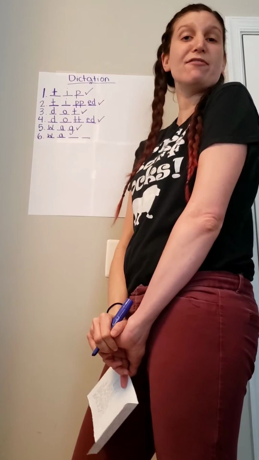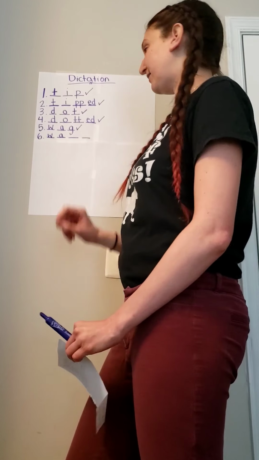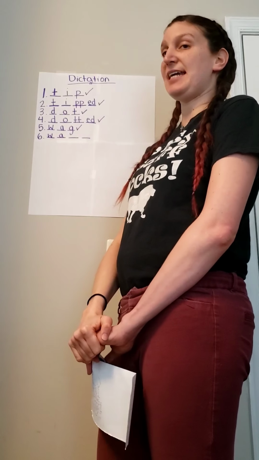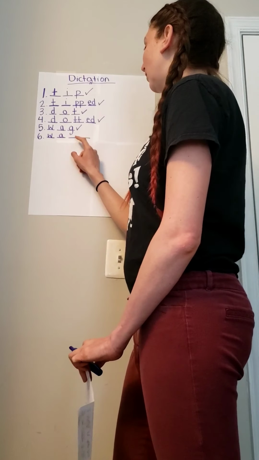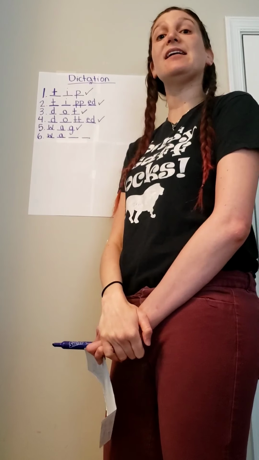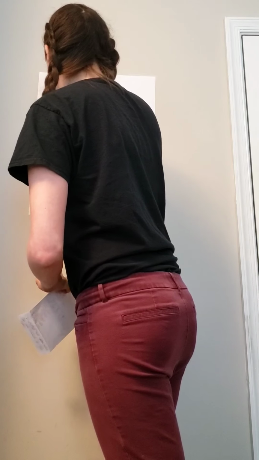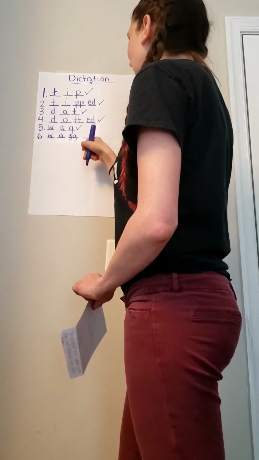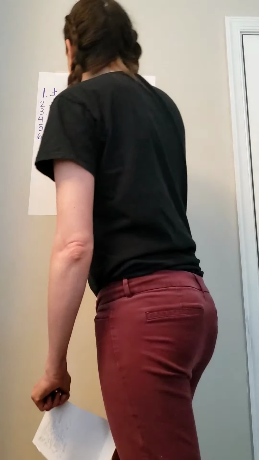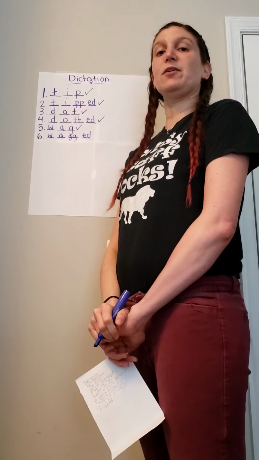Before I do that, I have to do a double consonant check. So, do I have a short vowel? Yes, I do. A. Do I have an ending? Yes, I do. Wagged. D. So because of that, I need to double my consonant. So I write G, G, wagged. And I know that my ending are those two letters, E, D. Check your work.